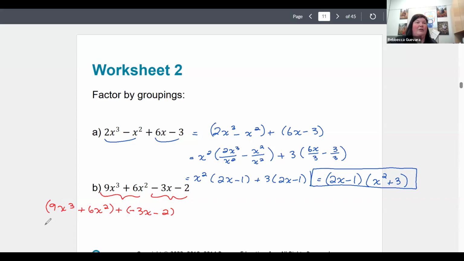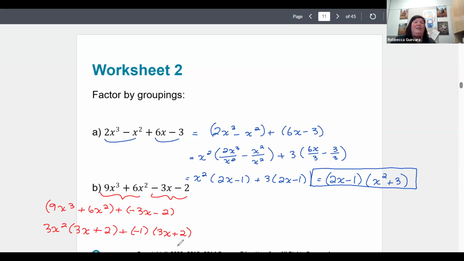So here we can pull out a 3 and an x squared. If I divide 9x cubed by 3x squared, then it will leave me with 3x. If I take 6x squared and divide by 3x squared, that's just going to leave me with 2. So here, the only thing that is common is they both have a negative. So I can factor out a negative 1. Sometimes we'll see that the only thing we can do is factor out a 1 or a negative 1.